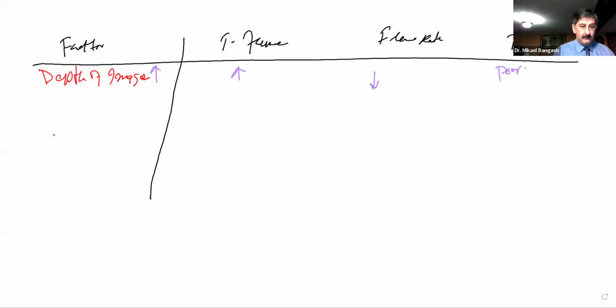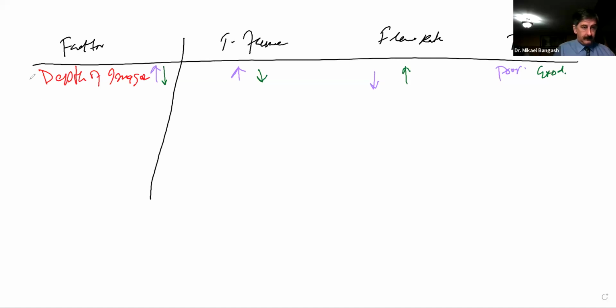Whereas on the other hand, if it was low, we had a low G-frame, we had a great frame rate, and we had a good temporal resolution.